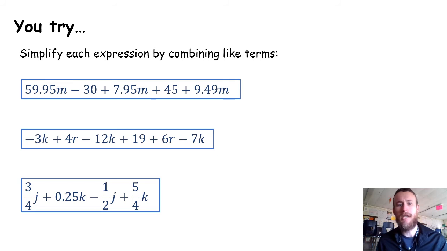What would these 3 expressions simplify to? So how would you reorder the terms to make groups of like terms? And what would you get when you combine the like terms? I'm just going to walk away from the video for a minute, and then I will show you the answers at the end. So do this on your note-taking sheet.